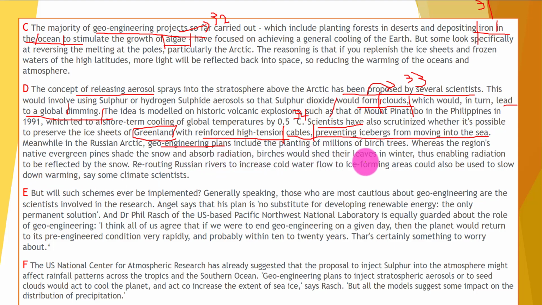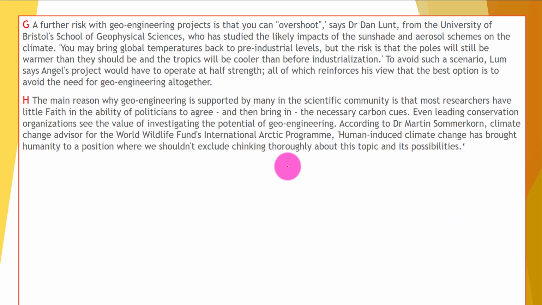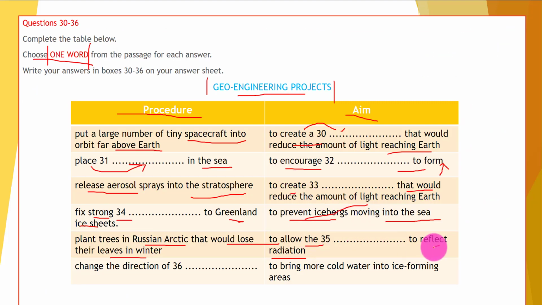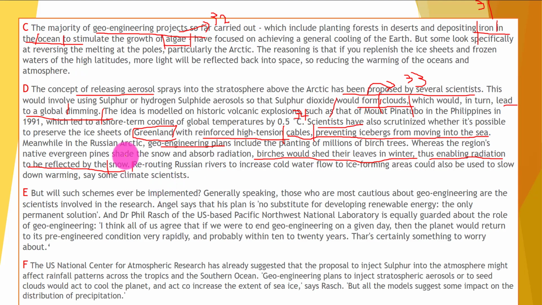Birches would shed their leaves in the winter, thus enabling radiation to be reflected by the snow, to allow the snow to reflect radiation. So this is our answer for question 35. You can just transfer this answer to your answer sheet.